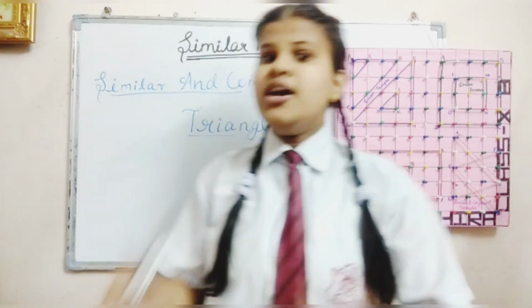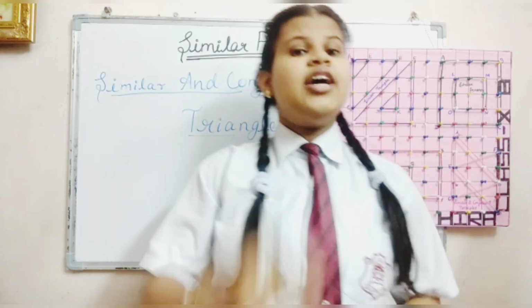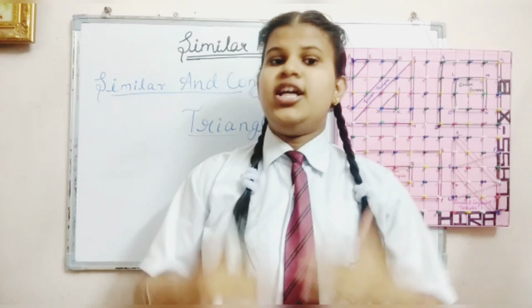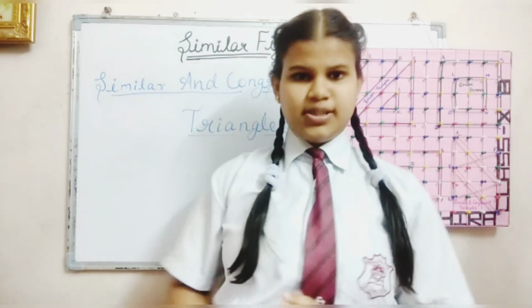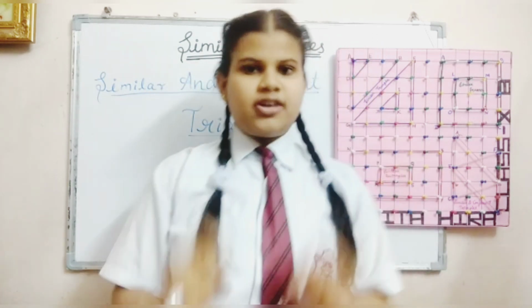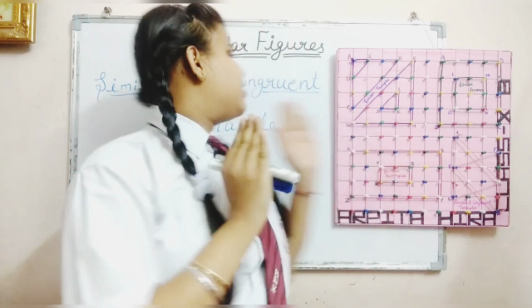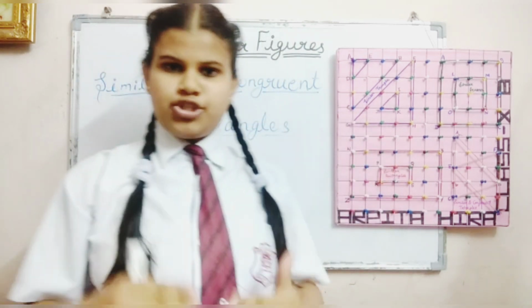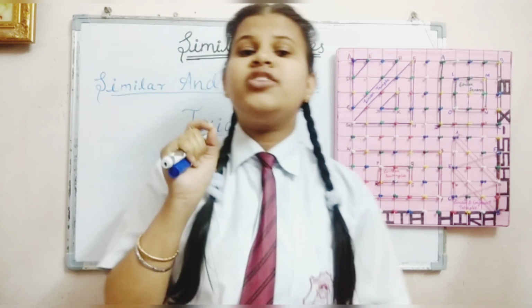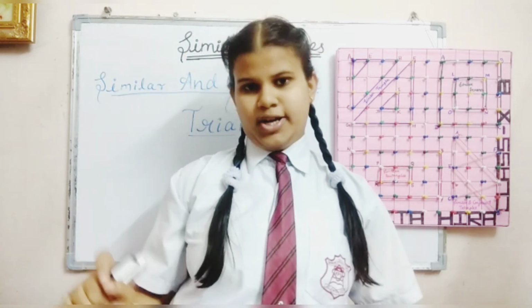But in similarity, we have learned that if their corresponding angles are equal but their sides are proportional, then the figures are similar. So, for similar figures to be congruent, the ratio of their sides must be equal to 1, so that both the sides equate.